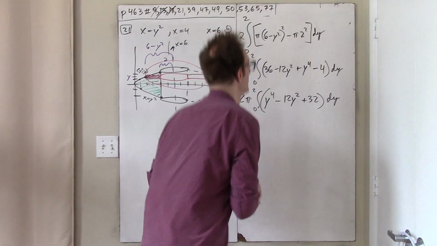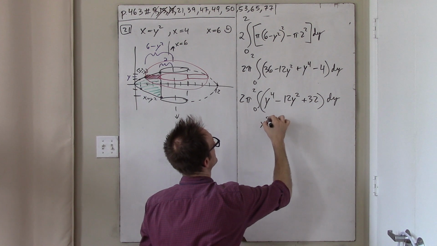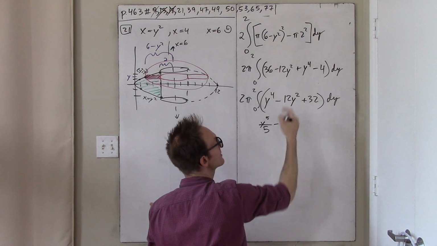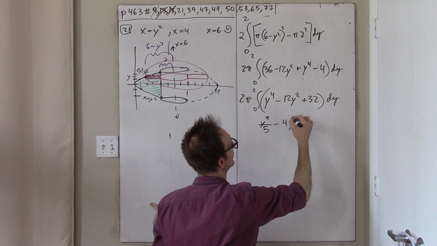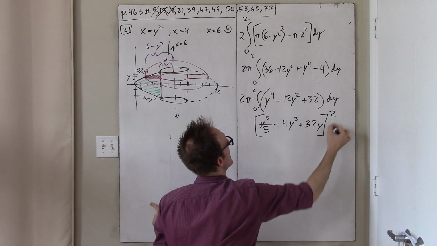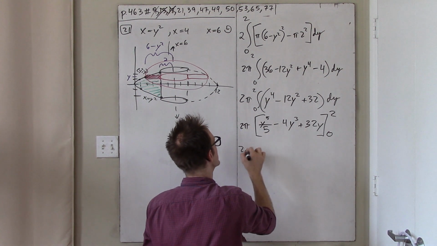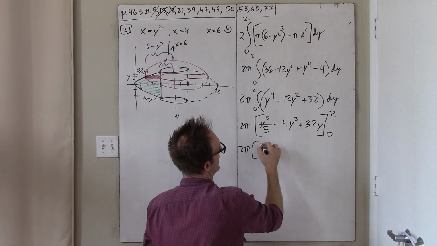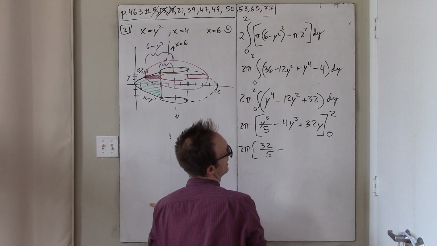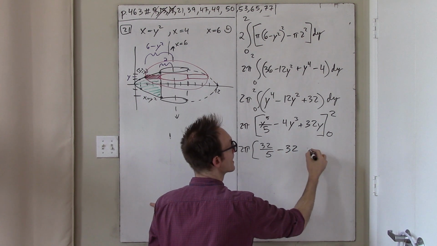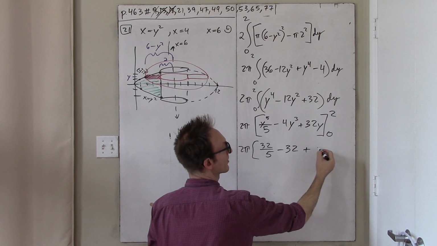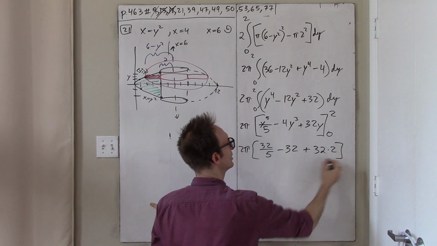It's just a polynomial. The numbers are basically nice. So that's y to the 5th over 5 minus 12 over 3, which is 4y cubed, plus 32y. And this is being evaluated at 2 and 0. That's 2 pi times 32 fifths minus, oh boy, 32 plus, I'm going to call that 32 times 2 for the moment, and then pull out a 32.